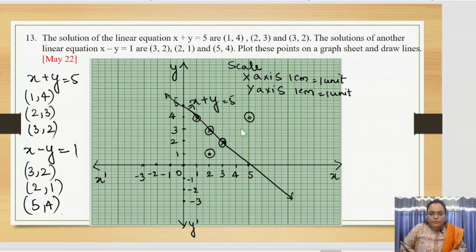Okay. So when you join them, you will get like this. So this line is x minus y is equals to 1.